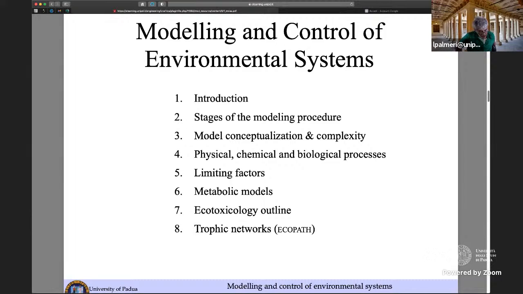And one of the problems the ecological modeler or the environmental engineer will face when he starts to build an ecological model is that of defining the appropriate level of complexity, the appropriate complexity of your description. What is the appropriate complexity of your description?